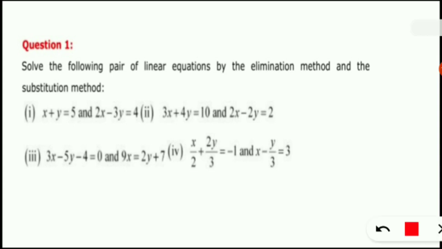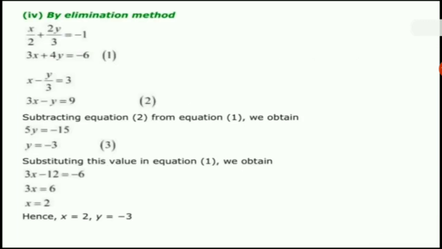Now question number 4: x by 2 plus 2y divided by 3 equals minus 1, and the other is x minus y by 3 equals 3. Now we solve this problem. At first we solve by the elimination method.